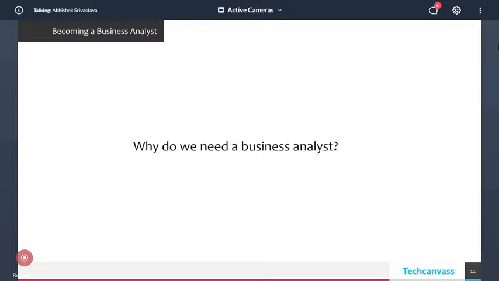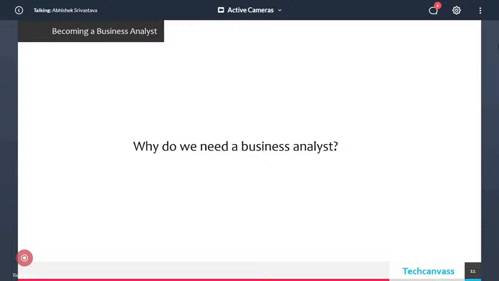A lot of people are getting into that. So why is there a sudden need? To tell you, the need for business analysts has started to pick up in the last 10 years. It's not that prior to this, there were no business analysts.